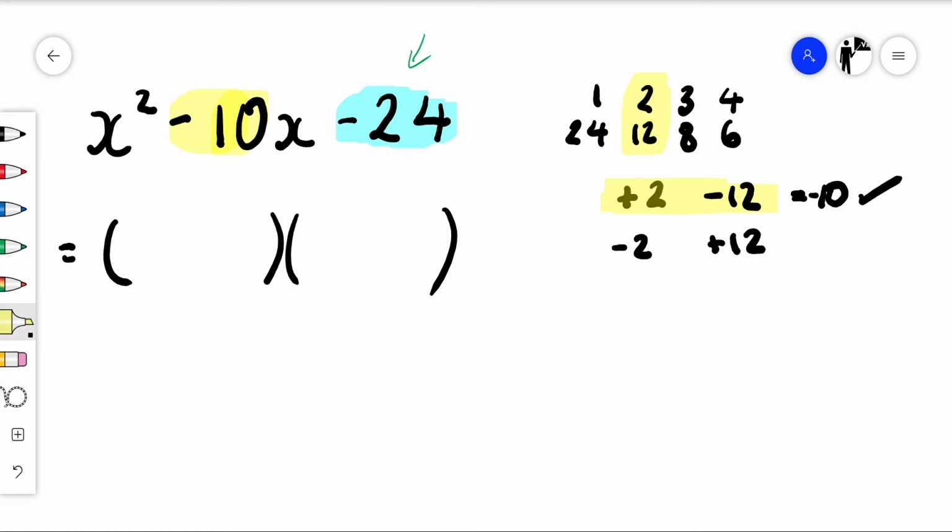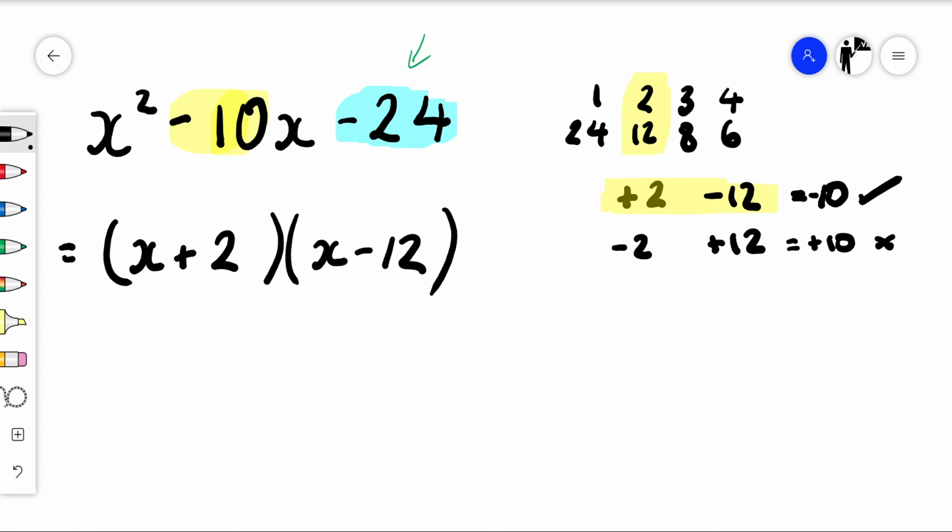The other option would have made plus 10, and we don't want plus 10. So therefore we can say (x + 2)(x - 12).